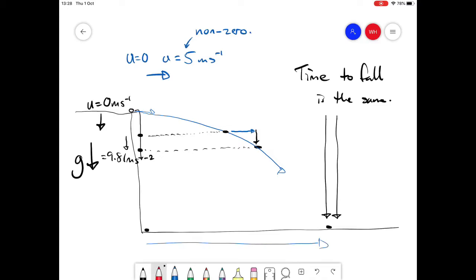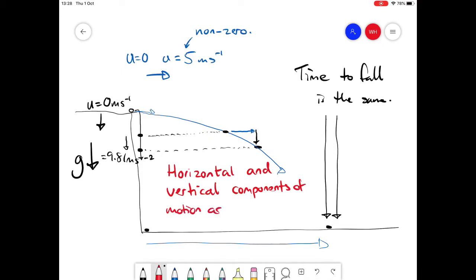And what this is teaching us, what this identifies to us, is a very key concept, and that is that the horizontal and vertical components of motion are independent of each other.